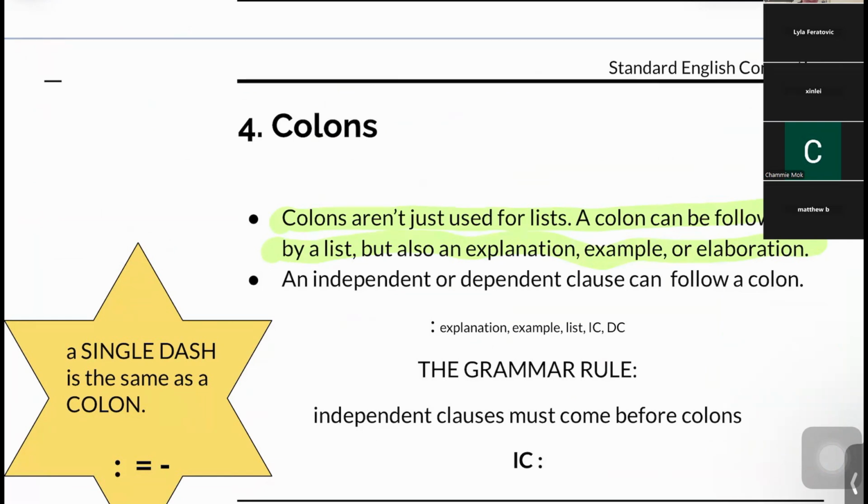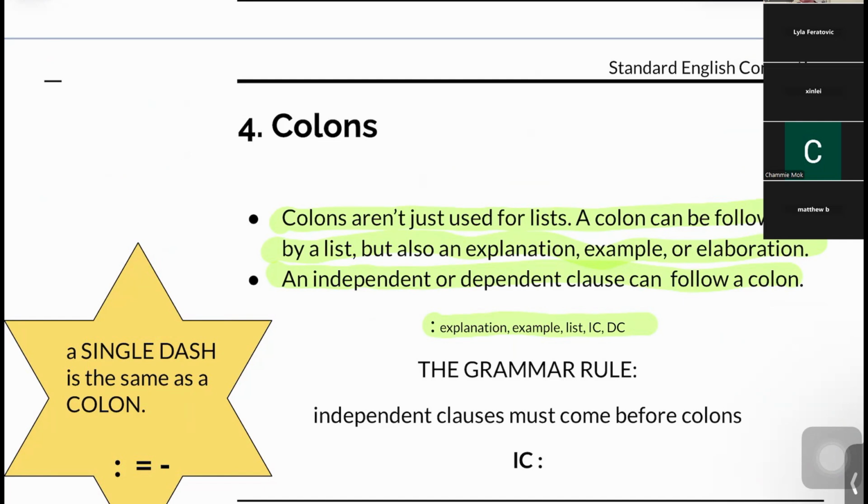There are a couple of grammatical rules connected to colons. One of them is that there are no rules for what happens after a colon, meaning after a colon, you can have one word, you can have a list of things, you can have a whole independent clause, you can have a dependent clause. There are absolutely no rules for what happens after a colon.